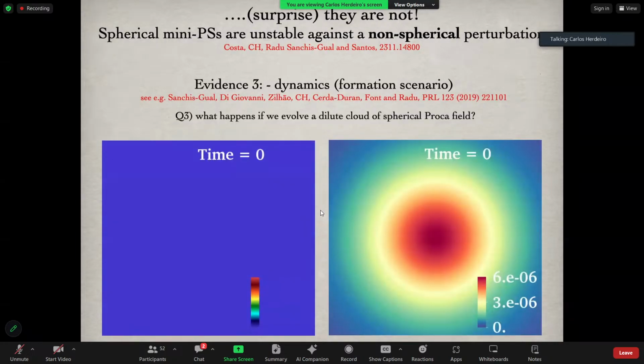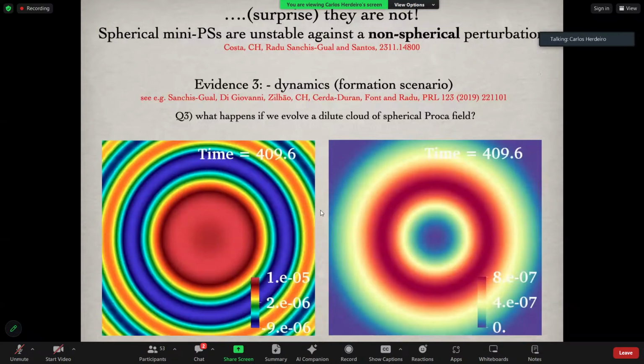Now, you could also reconsider what happens if we evolve a dilute cloud of spherical Proca field, that is, the gravitational cooling mechanism of formation that we've seen before, which was done in spherical symmetry, but without imposing spherical symmetry. So you start with something spherical and let it evolve, but in your computer you are not imposing spherical symmetry. You're doing a full 3D simulation.